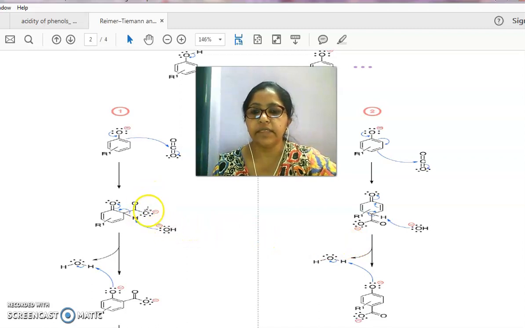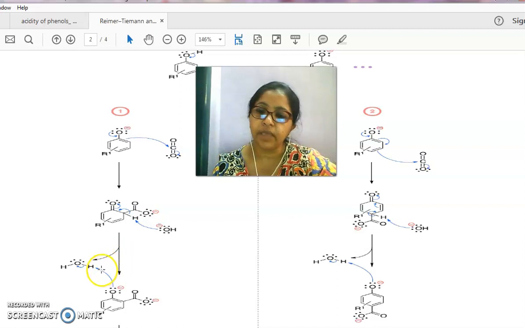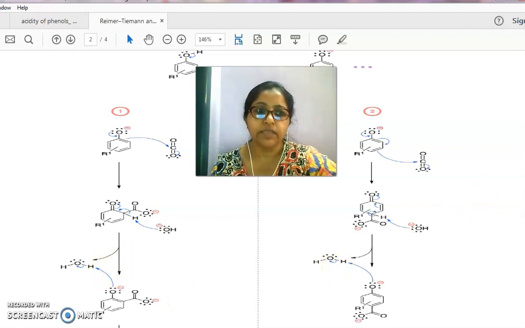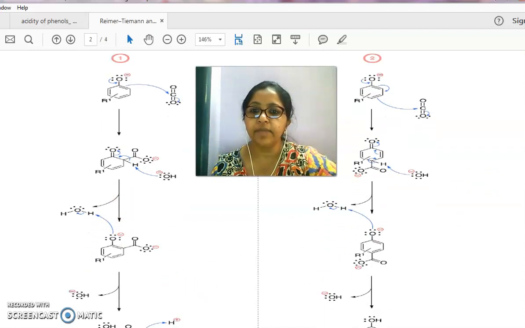So what we are getting is a carboxylate compound and the aromaticity is not there, as one of the ring bonds has broken. The hydroxide again takes the lead and abstracts one proton, brings back the aromaticity and forms a water molecule. This water molecule again has an important role.